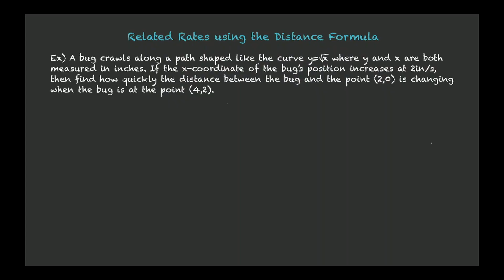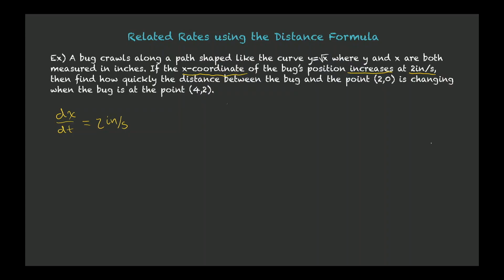Alright, so the first key step in solving any related rate problem is to identify any rates of change in the given problem. So again, we can identify these with rates of change like inches per second. So it says the bug's x-coordinate is increasing at 2 inches per second. So we can write that as a derivative as dx/dt is equal to 2 inches per second. All right, I don't see any other units like that, inches per second, but the question itself in a related rate problem is usually a rate of change, and that's what we're trying to find.